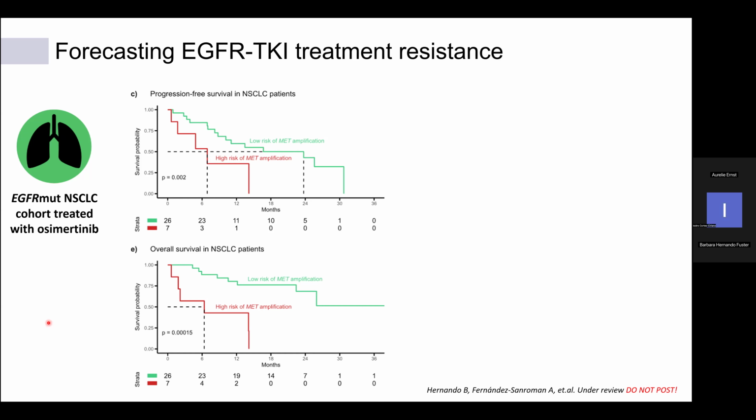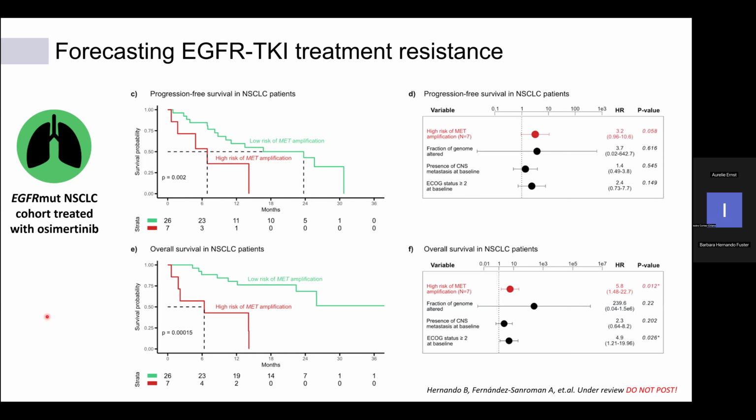So here is a biomarker of progression-free survival or overall survival. And actually, the point is that those differences in survival times were independent of other covariates that are normally linked to outcomes for those patients.